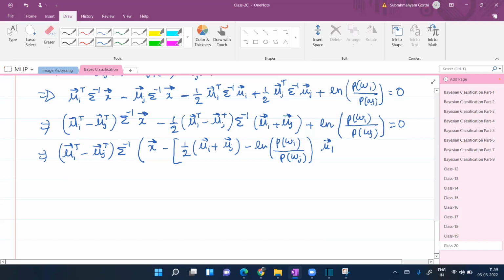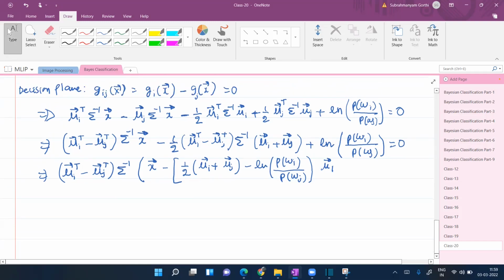Yeah, I missed a transpose, correct? This has to be a transpose here. That was a mistake from my end. Correct. See this mu I bar transpose minus mu j bar, you will write mu I bar minus mu j bar whole transpose. Okay, right.